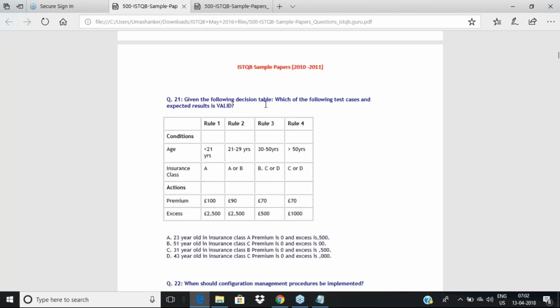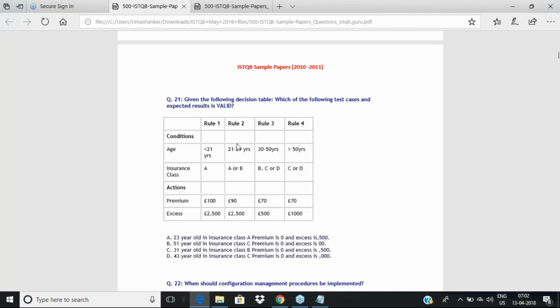Given the following decision table, which of the following test cases and expected results is valid? So generally, what is a decision table? When we have to make some decisions, we come up with this table, right? Rule one: if age is less than or equal to 21 years, insurance A is applicable, premium £100 is applicable, and excess of 2,500 is applicable.